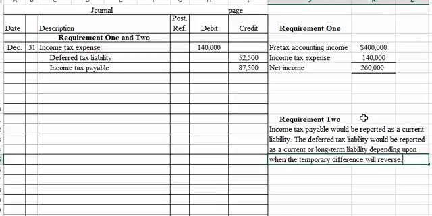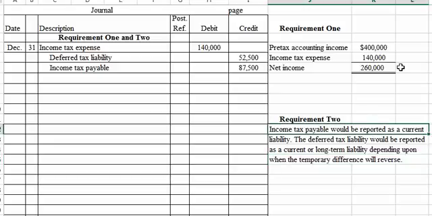Okay, so income tax payable would be reported as a current liability, and the deferred tax liability would be reported either as a current or long-term liability, depending upon when the temporary difference will reverse.